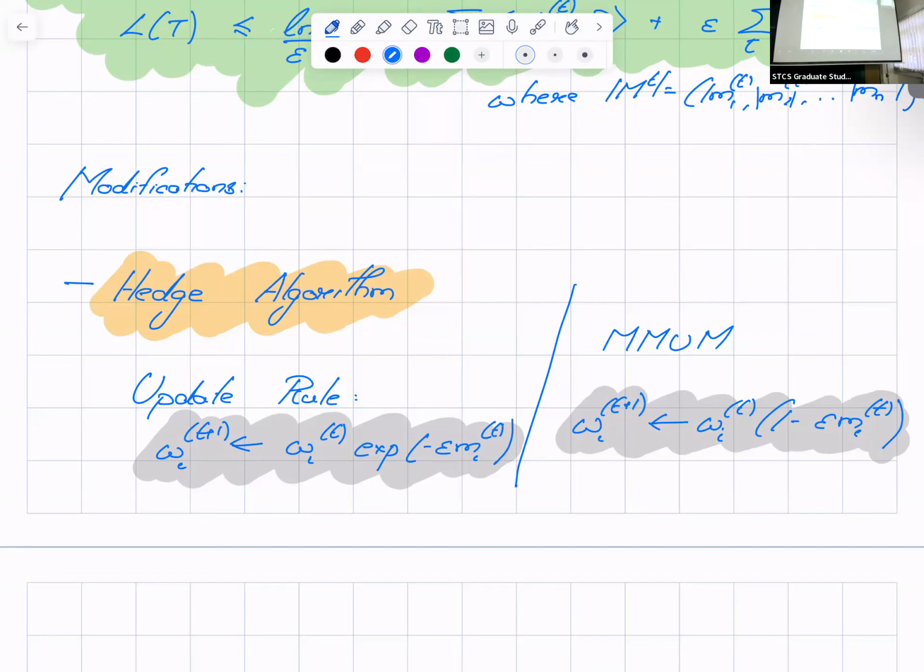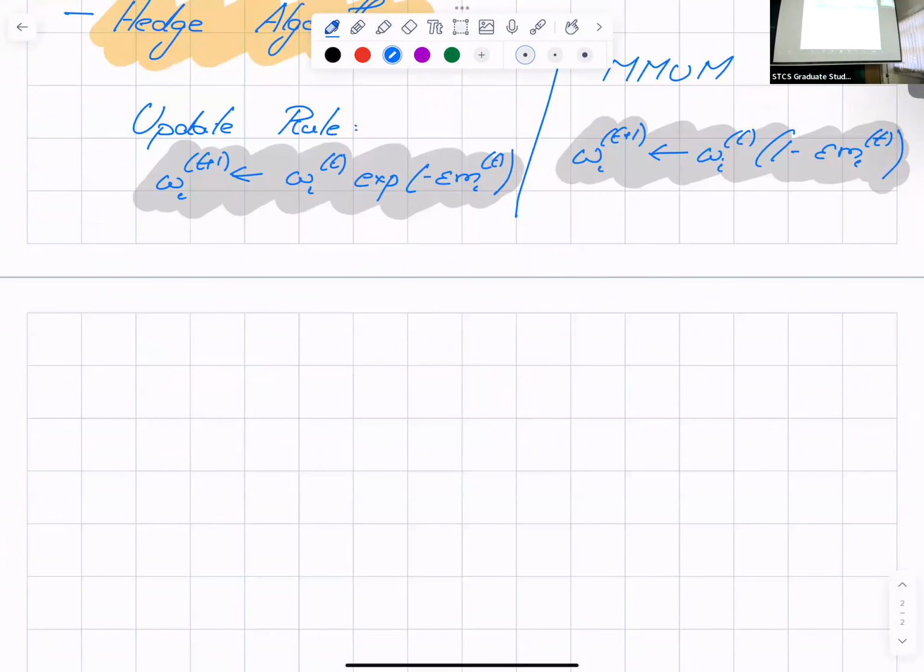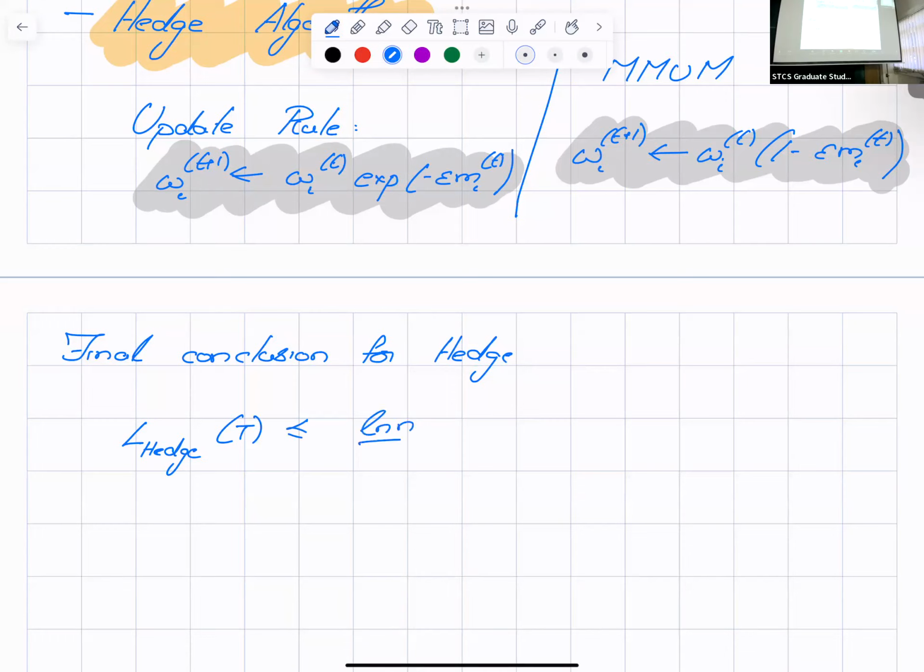And here the final conclusion for hedge would be the same. This is the hedge bound, the same as ln n over epsilon, and in fixed distribution P.